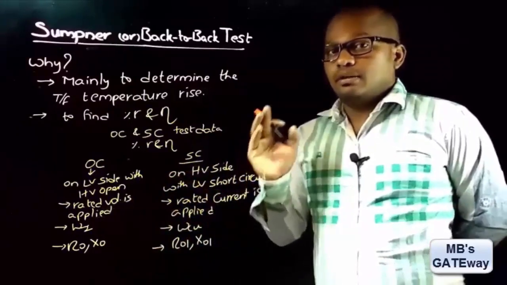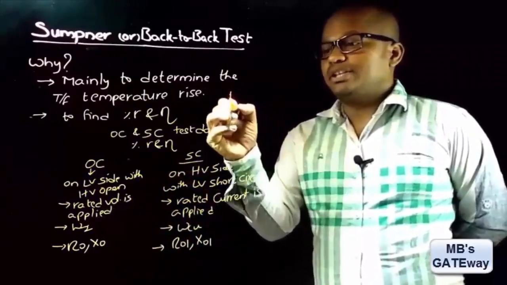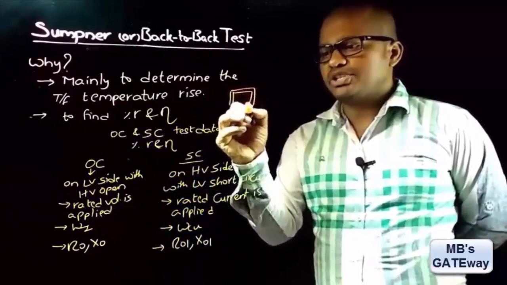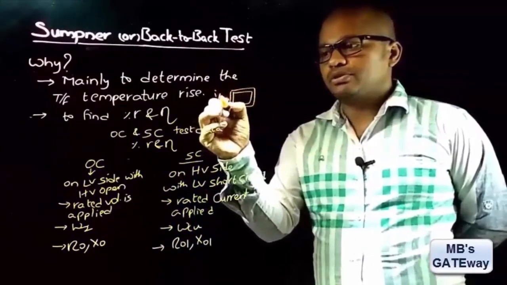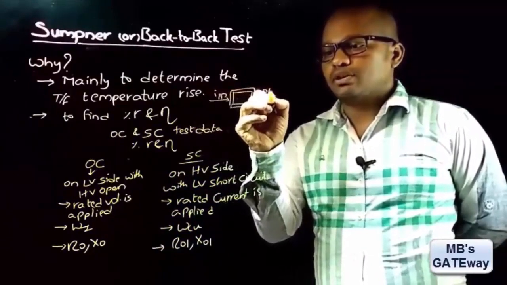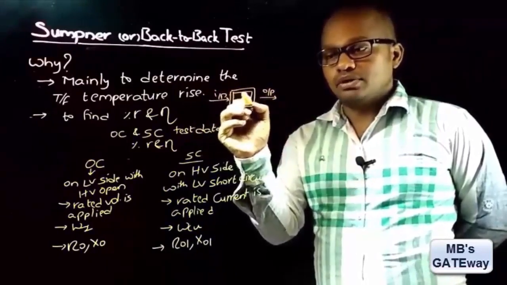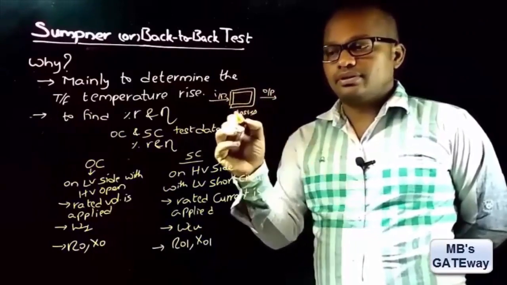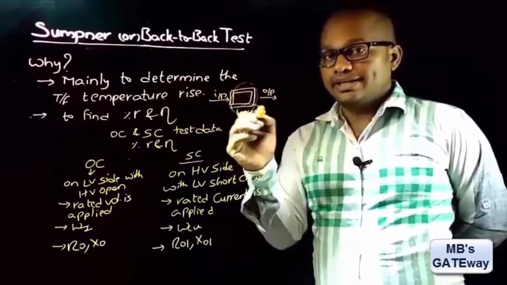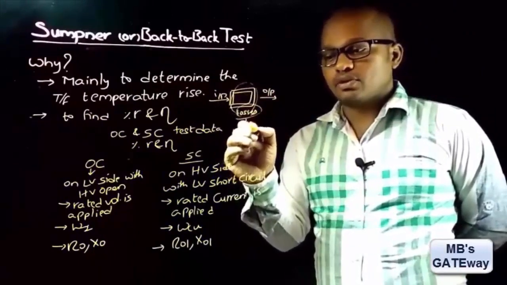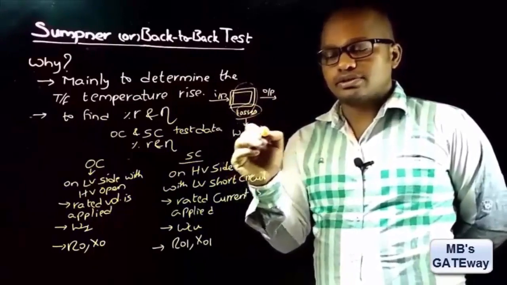But the point you must keep in mind is that in a transformer or in any machine, if you give input, you will get output, and output will always be less than the input because of losses in the machine. And in transformer, the major losses are classified as copper losses and iron losses.